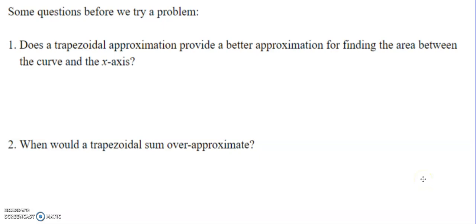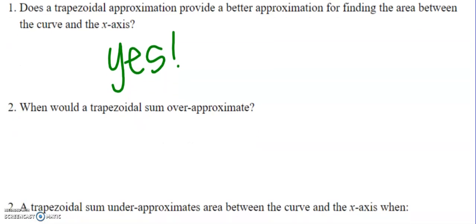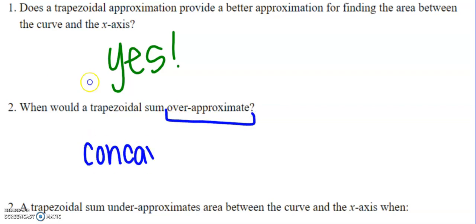So, questions I already answered for you. Does a trapezoidal approximation provide a better approximation for finding the area between the curve and the x-axis? Yes, it does. When would a trapezoidal sum over approximate? A trapezoidal sum will over approximate when your graph is concave up. And again, a quick sketch will show you that, right?